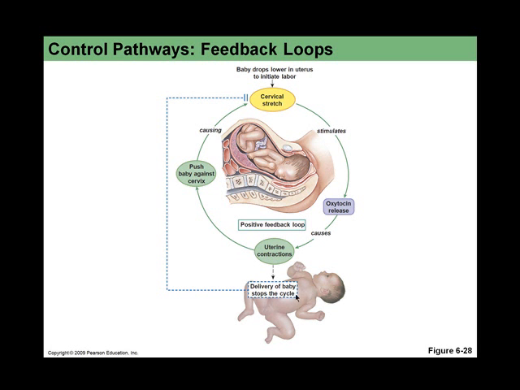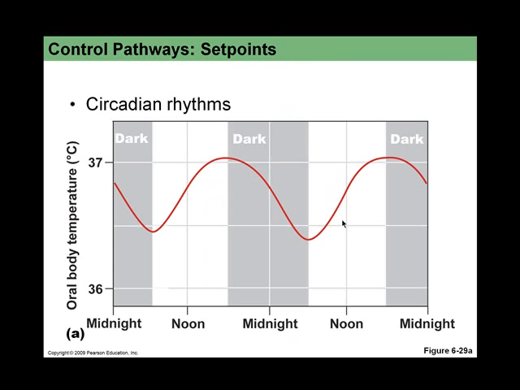And then once you get the external event, the delivery, and the recoil of the cervix, the loss of the cervical stretch, then you get finally the shutdown of the system, so the oxytocin is not being released at such a high level anymore. It continues for a while to contract the uterus and stop the bleeding.